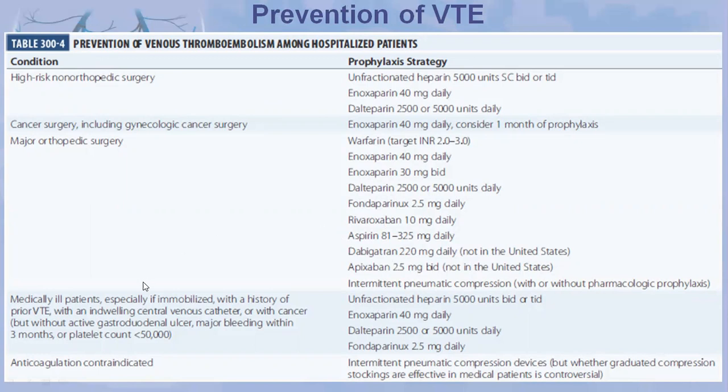For medically ill patients, especially if immobilized with a history of VTE, your options are unfractionated heparin, enoxaparin, dalteparin, and fondaparinux. And whenever anticoagulation is contraindicated, you may start intermittent pneumatic compression devices.